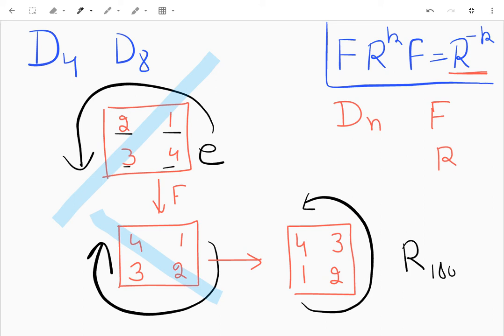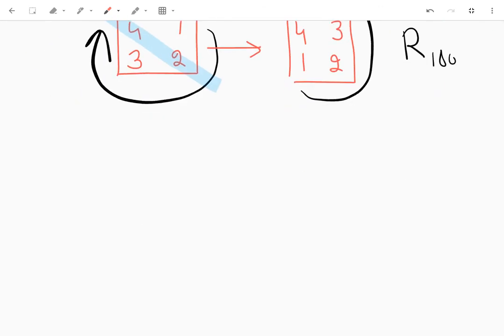And if those flips are the same, like in this case, if we flipped it across this diagonal and then we again flipped it across this same diagonal, then we would have reached back to E. Okay, so what this means is that, yeah, we know this very well, that order of a flip is 2.